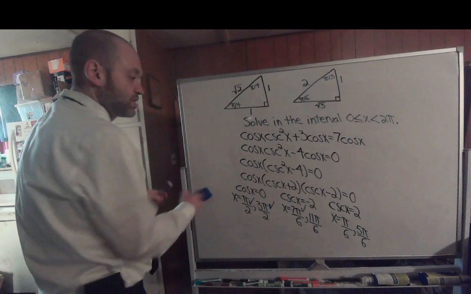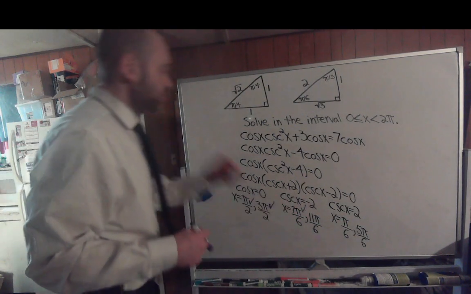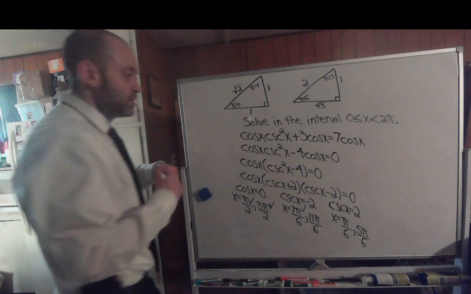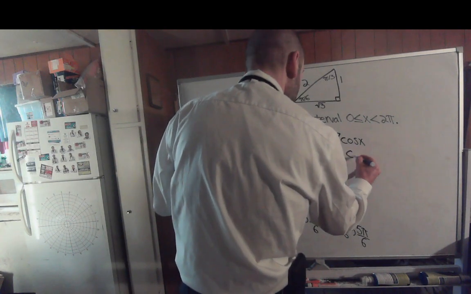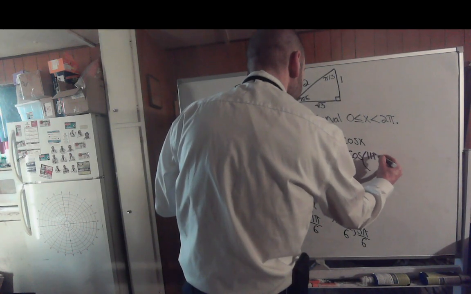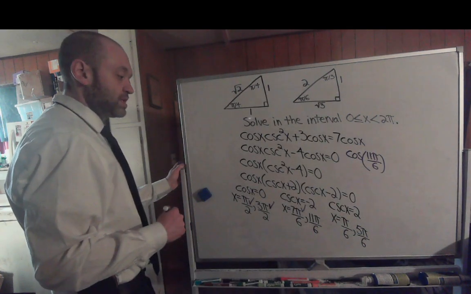All right, so let's work with 11 pi over 6. So we're going to take the cosine of 11 pi over 6. This is in the fourth quadrant, right?